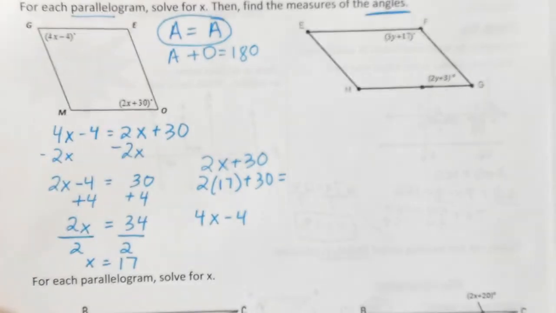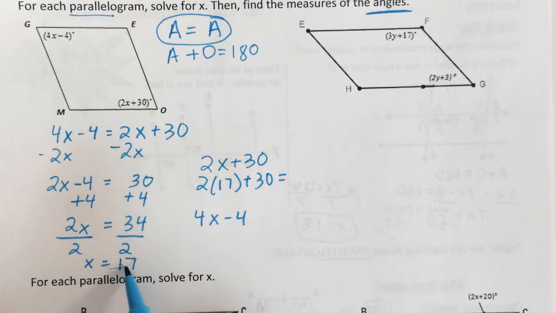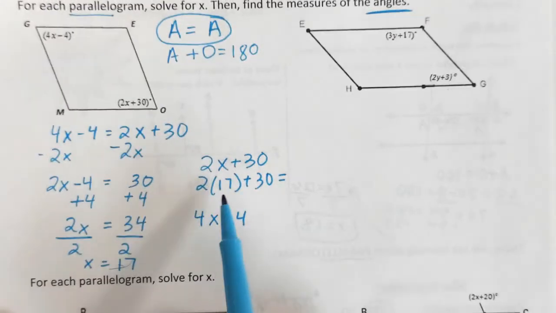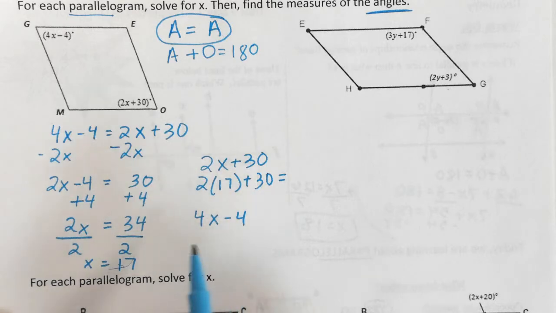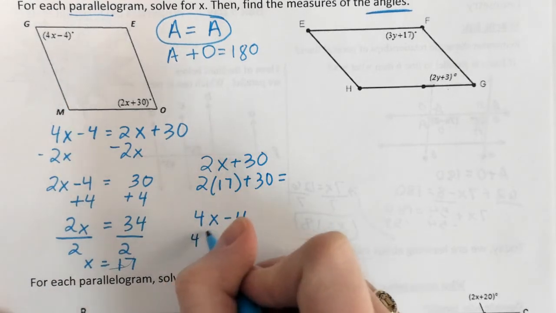So if 2x plus 30 is an angle, well, I can plug in 17, and I can do the same for 4x minus 4. So 2 times 17 plus 30, and I can do the same thing for my other angle.